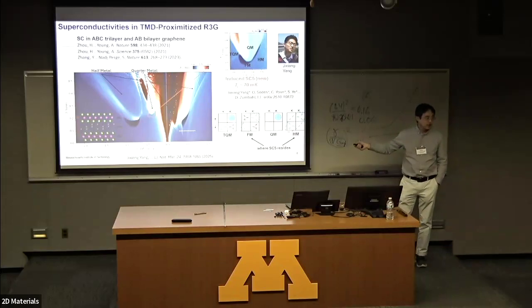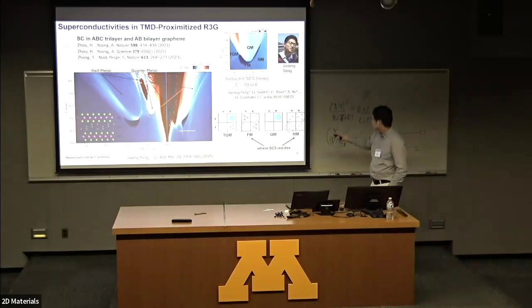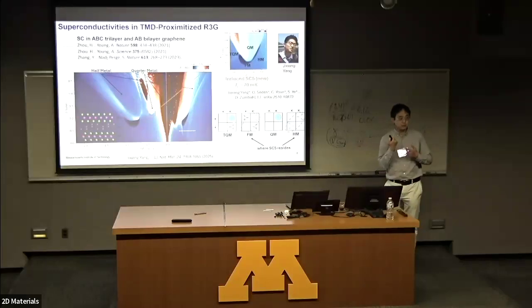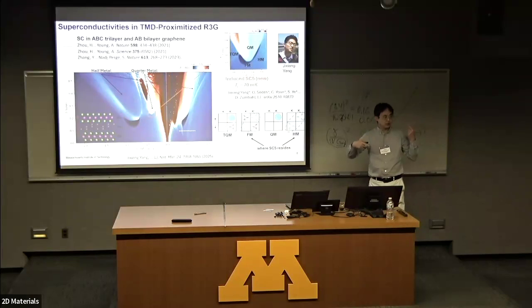So we tend to think this is the parent state of this SC5, and it has balanced valley. It also has balanced spin, which is not surprising because there's strong spin-orbit coupling coming from TMD. So you get the opposite spin and the opposite valley, and there's a spin-valley lock.